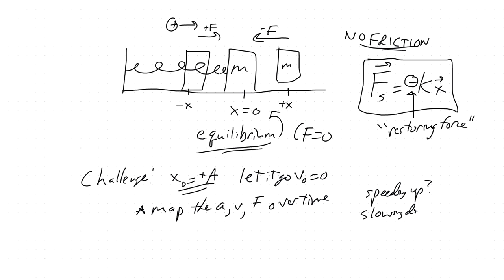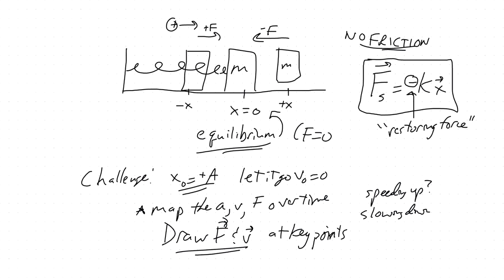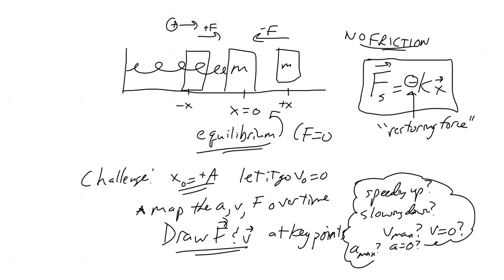You're going to want to draw F and V vectors at key points. When is velocity maximum? When is velocity equal to zero? When is acceleration maximum? When is acceleration equal to zero? In other words, what does the entire motion look like and why?